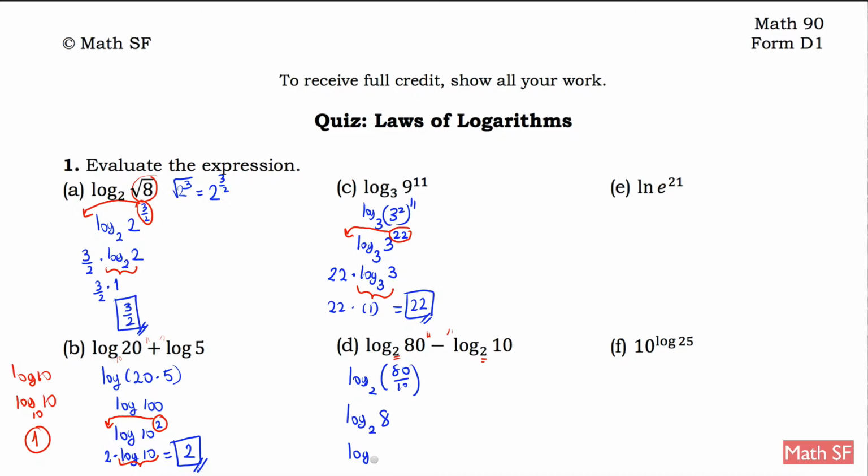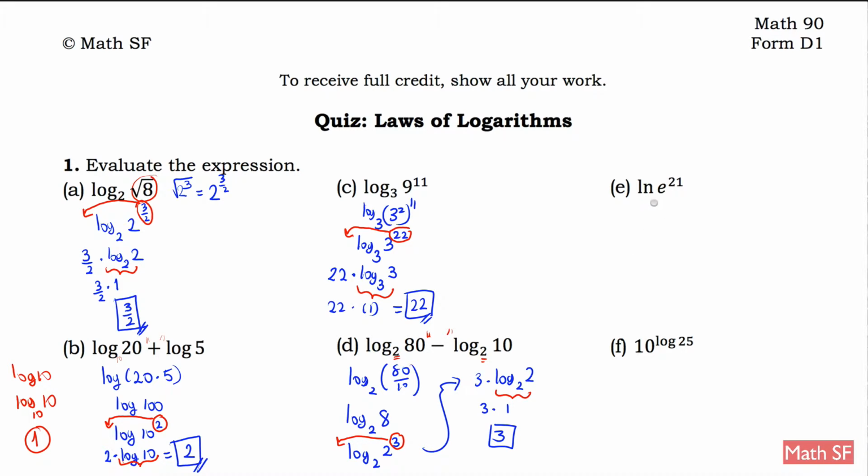This 8 is actually 2 to the cube, and using the log exponent law, this 3 goes in front. So I'll have 3 times log base 2 of 2. This part is actually 1, so 3 times 1 should be 3.